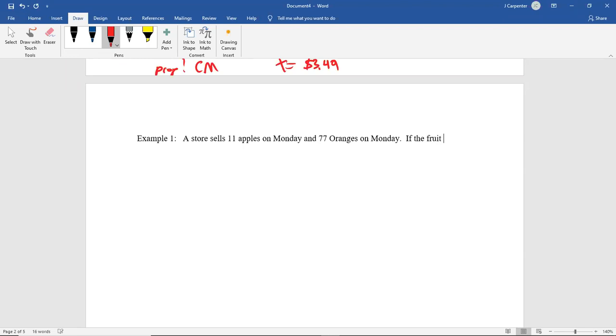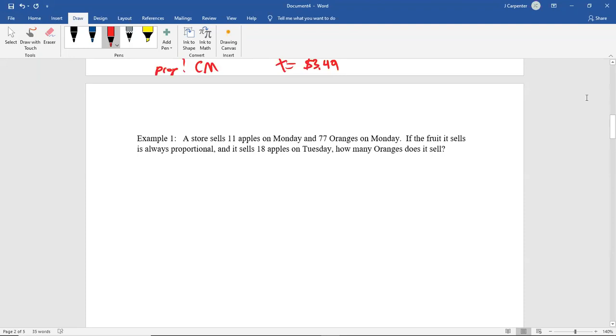If the fruit it sells is always proportional, it sells 18 apples on Tuesday, how many oranges does it sell? That's going to be part A. So we'll do that, and then we'll put up part B after that.